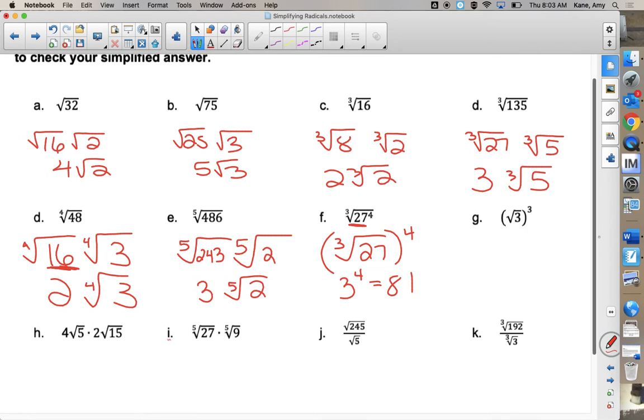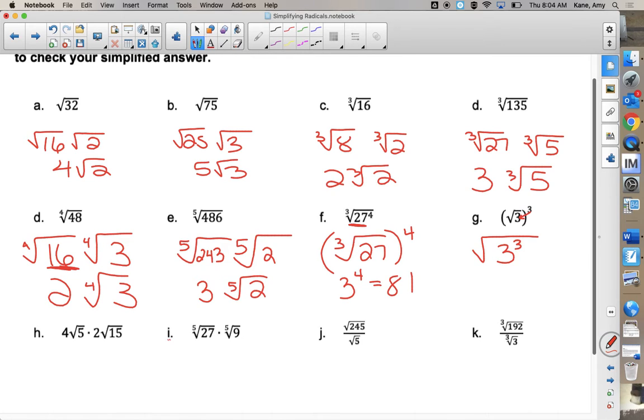Letter G, we have the square root of 3 cubed. How do you think you do that one, Jack? I put the power of 3 in the... Yeah, so this is kind of like the opposite of the one we just did. That's why they're next to each other. So the power can also go inside if it helps you.